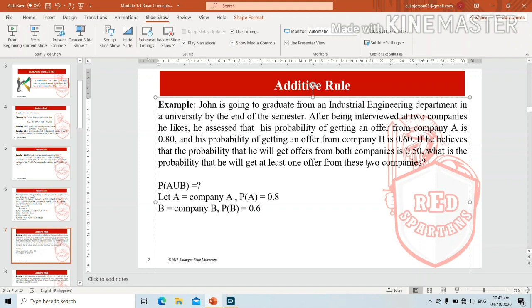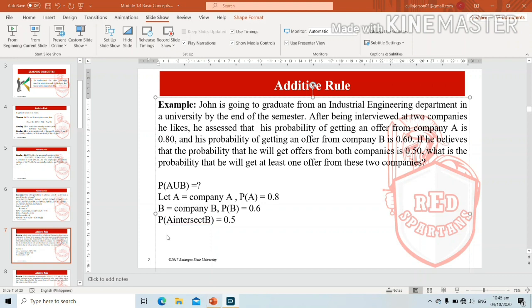Then, the probability that he will get an offer from both company, pag sinabing both company, yun ay the intersection between two event or company A and company B is equal to 0.5.